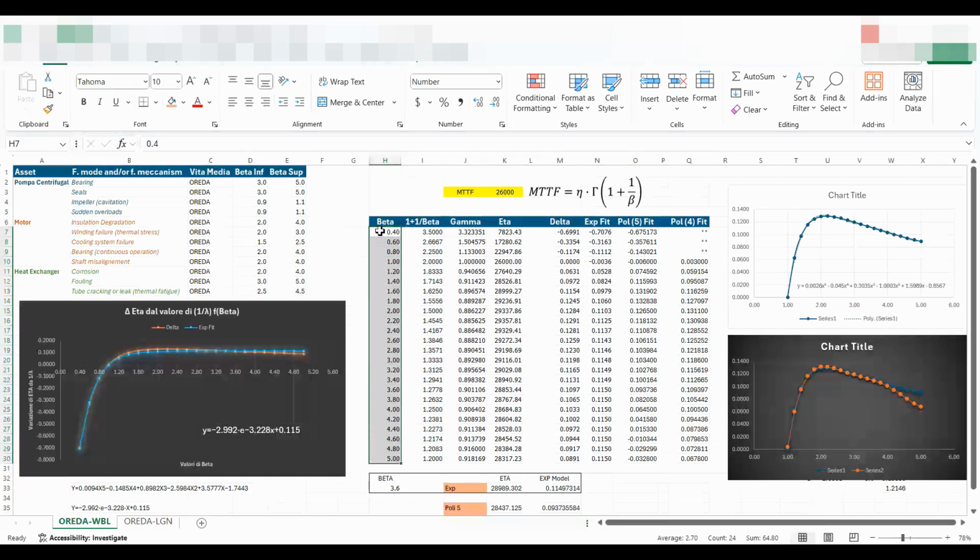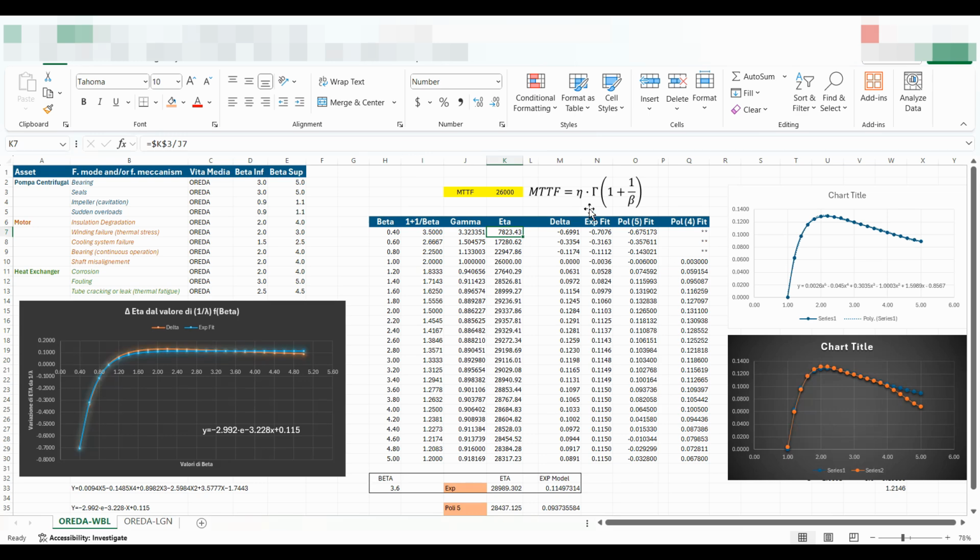So we started off from infant mortality all the way up to a value of 5. And then in this part we just compute the gamma function of 1 plus 1 over beta, and eta is derived simply by the mean life divided by the gamma function of 1 plus 1 over beta.